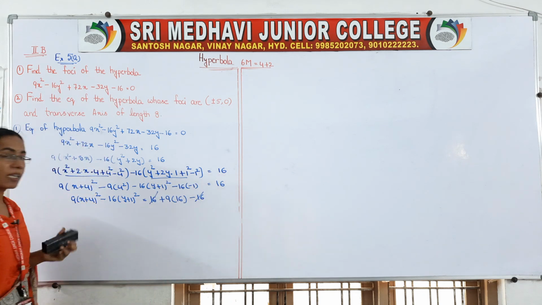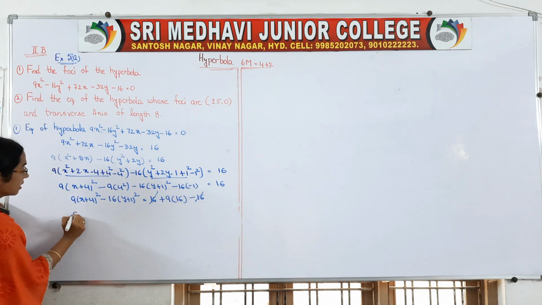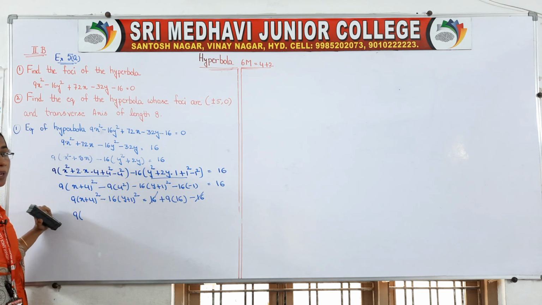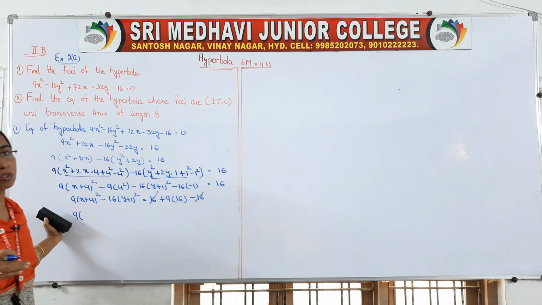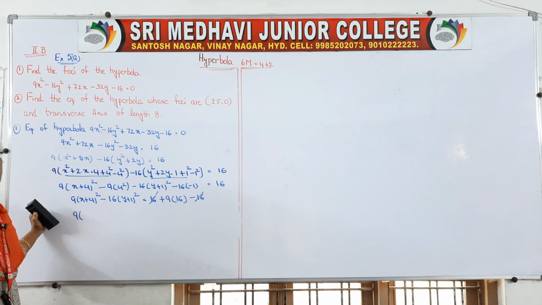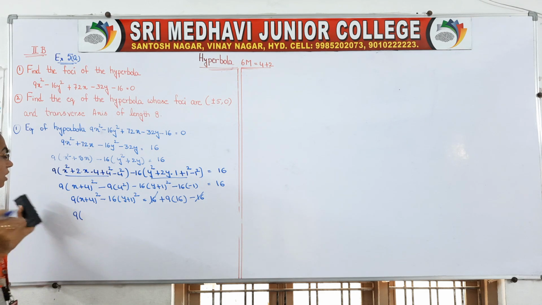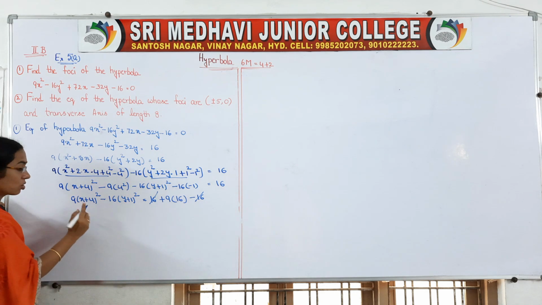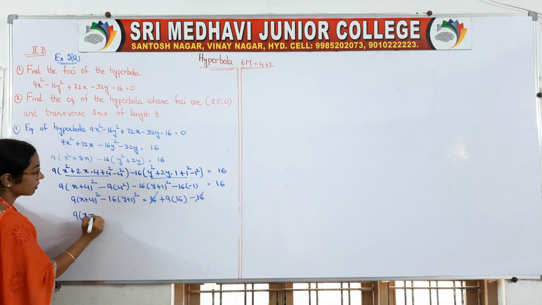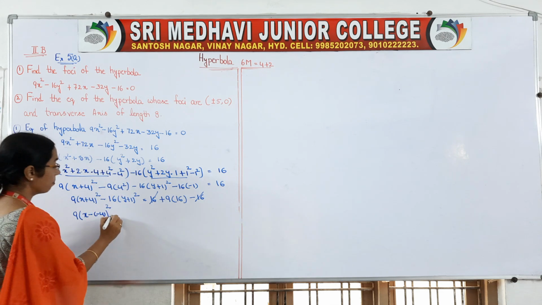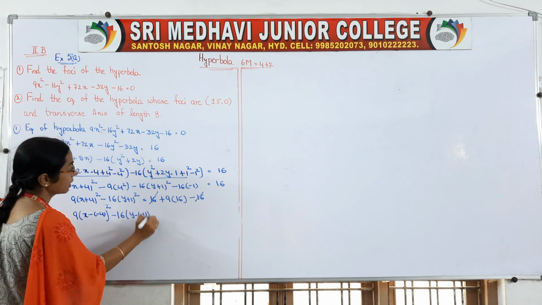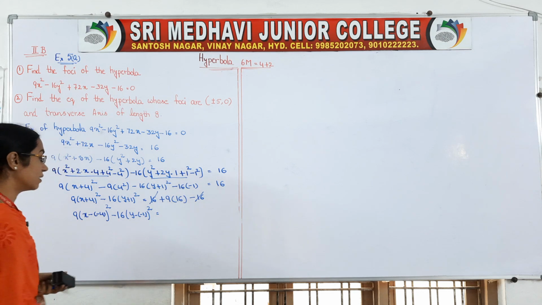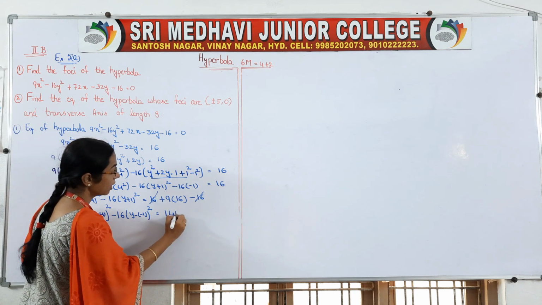This one cancels. Now again this can be written as, I said, the standard form is x minus h whole square by a square minus y minus k whole square by b square form. So that's why minus should come here. So it is 9 into x minus of minus 4 whole square minus 16 into y minus of minus 1 whole square is equal to 144.